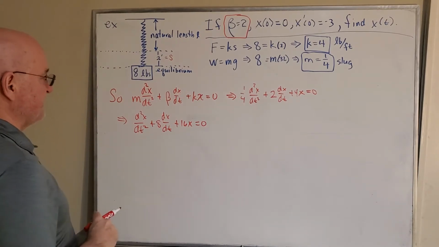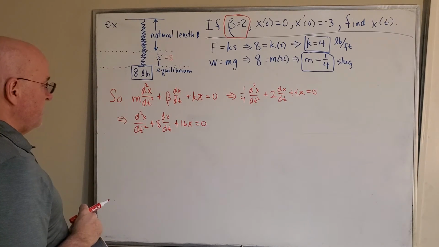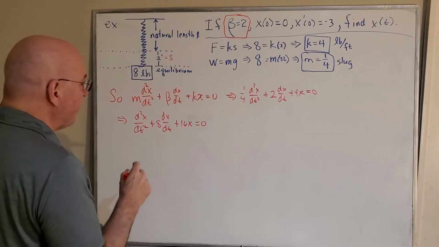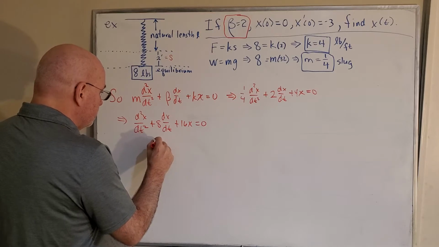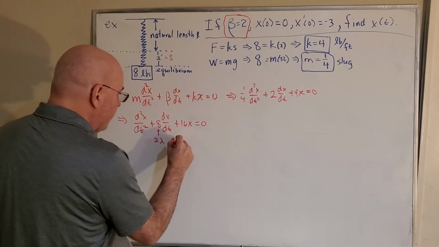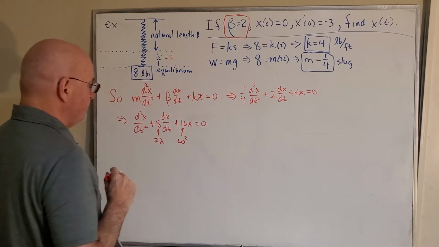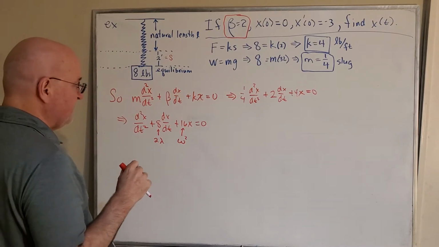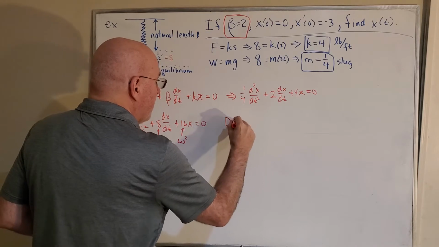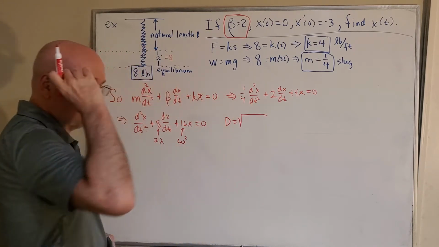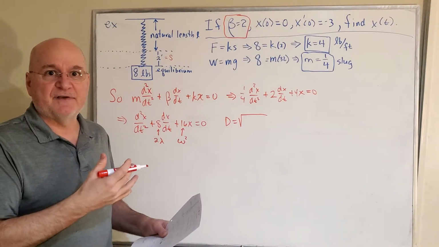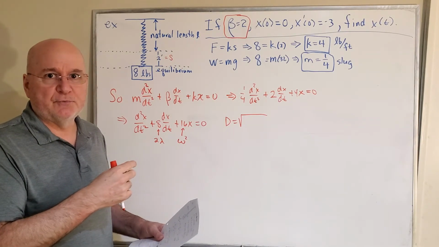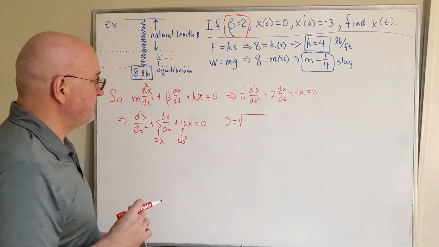Now let's just do a test real quickly. Remember that 8 is equal to 2 lambda, and this is omega squared, those coefficients. If we wanted to know what capital D was, the discriminant, we'll know which case we have: 2 distinct roots, 1 repeated real root, or 2 complex roots.